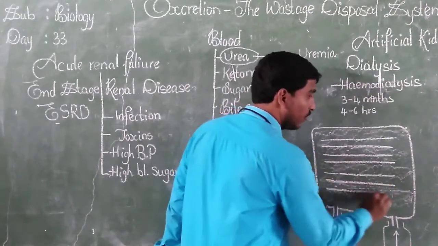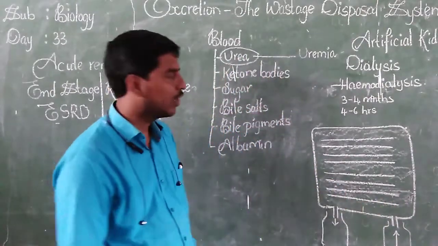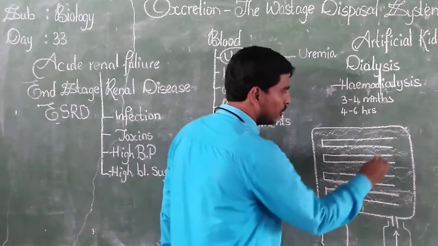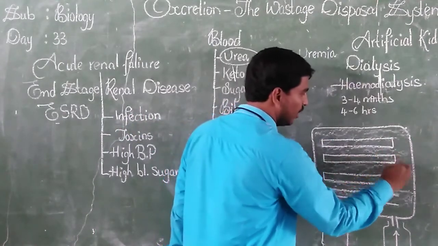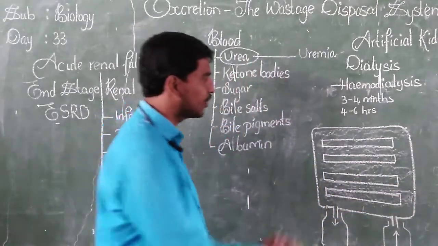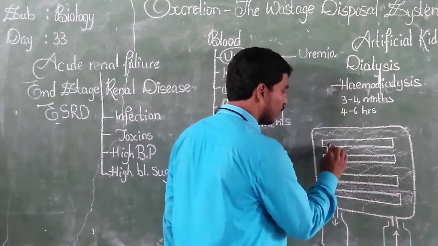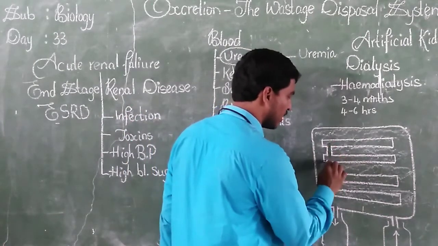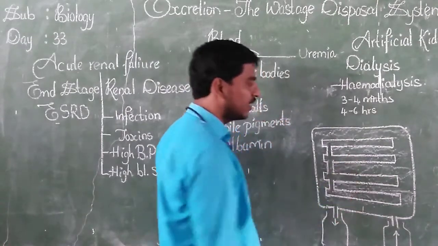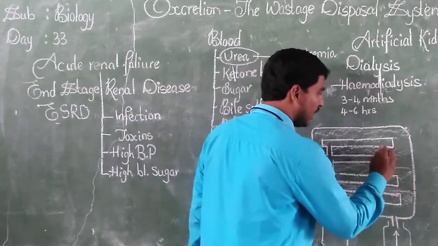These are made up of a component called cellophane, so we call them cellophane tubes. The functioning of the dialyzer machine is equivalent to the process of the kidneys, and the cellophane tubes are equivalent to nephrons.